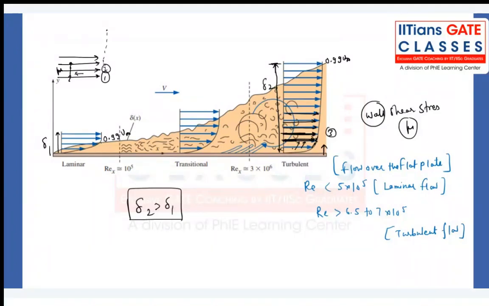Some molecules which are badly slowed down, badly affected by this fixed plate, will also transfer momentum to the other fluid layer, right? Right now, this fluid layer which is attached in a laminar flow, nobody bothers about that one. This particular fluid layer, this black color, nobody bothers about it because they are moving in a very laminar, parallel fashion. But here, a lot of momentum transfer is happening.